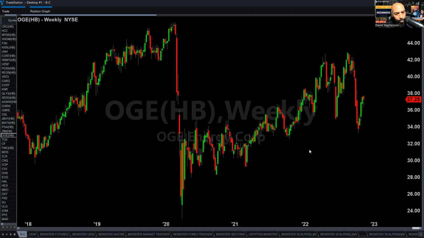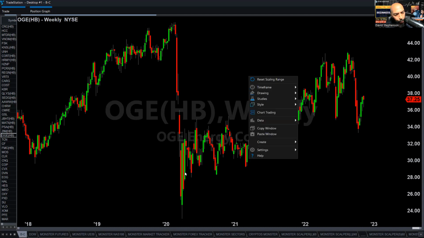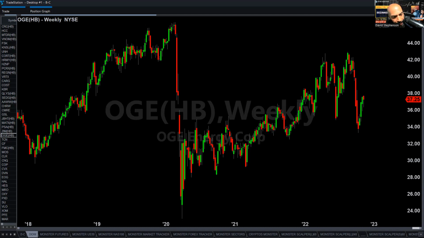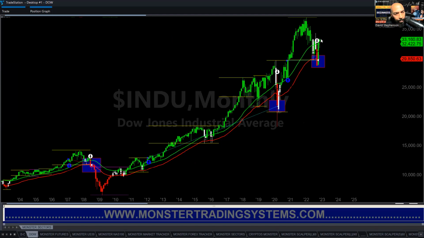But it's good to use the longer time frames as reference. If we look at the Dow here, we're at a monthly time frame. It removes a lot of noise, and we can see a clear picture of the Dow since about 2004.